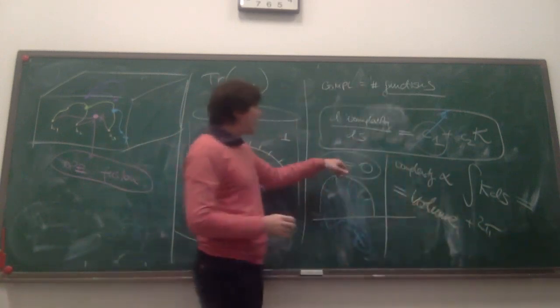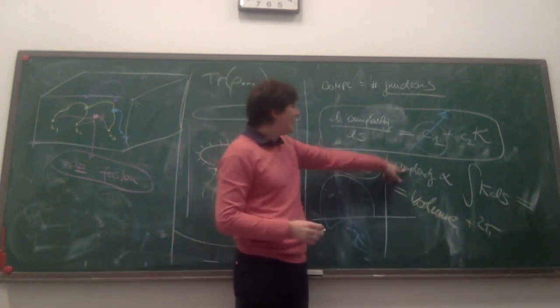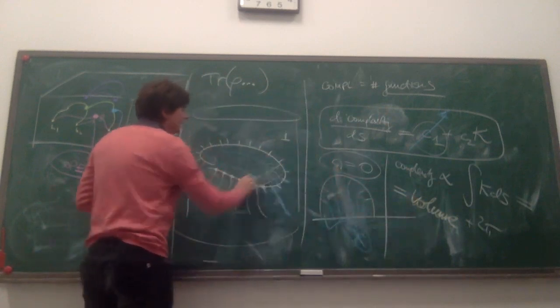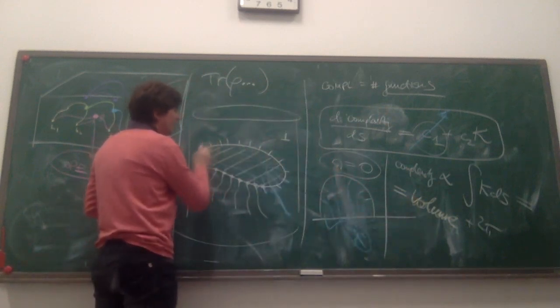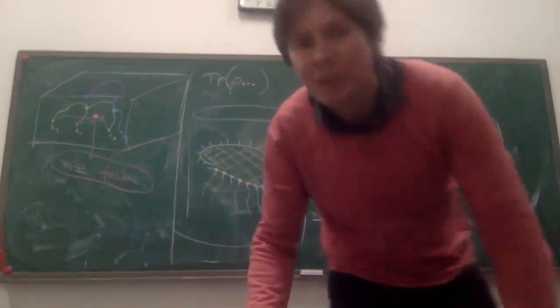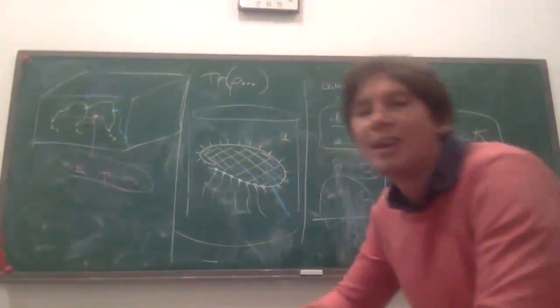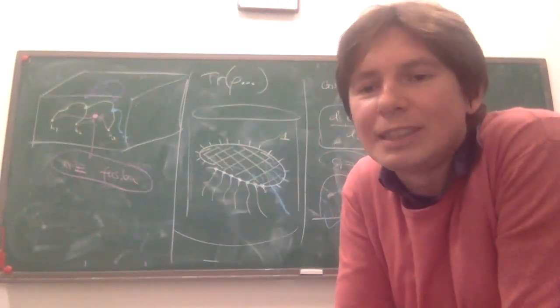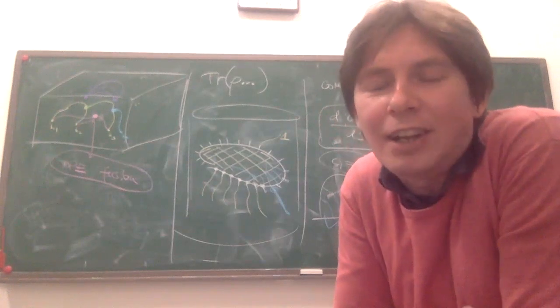So if you buy my argument that C1 equals 0, then the complexity of this object is volume, the volume that lives here. And so we have recovered the volume proposal for the complexity of the ground state of a two-dimensional CFT. And that's all I had to say.